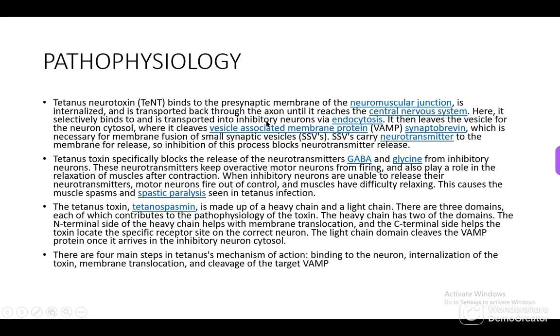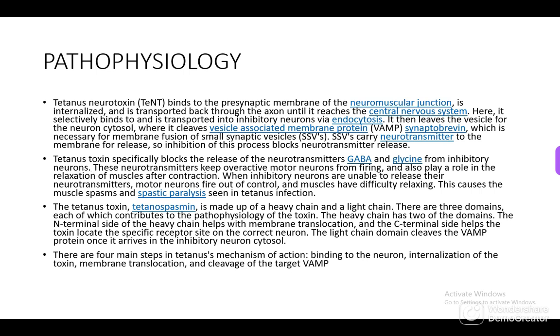Pathophysiology: inside there is an anaerobic atmosphere. It forms the exotoxin, tetanospasmin, a very specific toxin. It blocks the release of the neurotransmitters GABA and glycine from the inhibitory neurons.